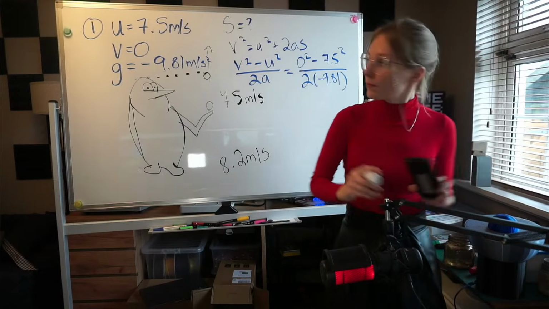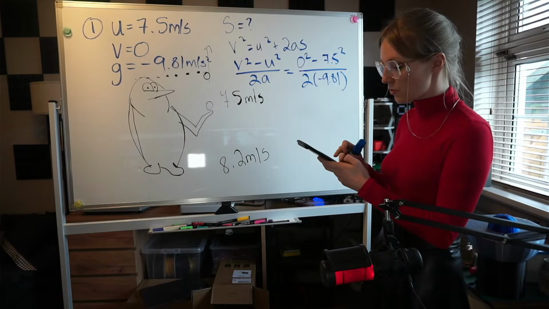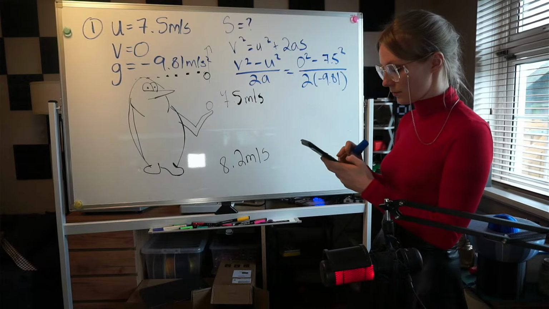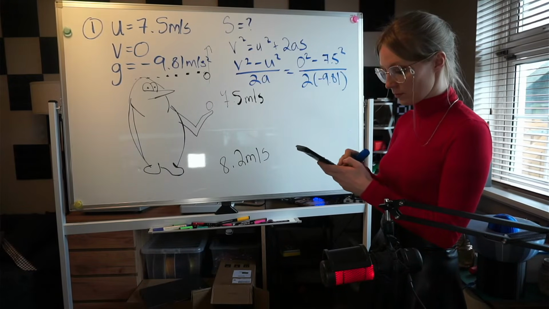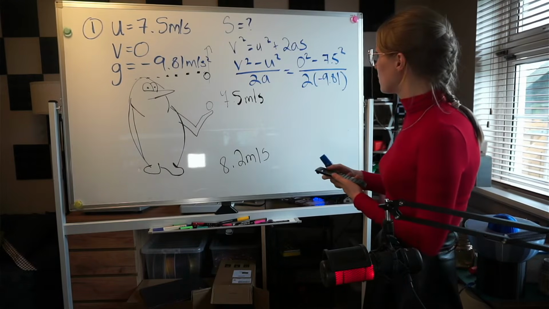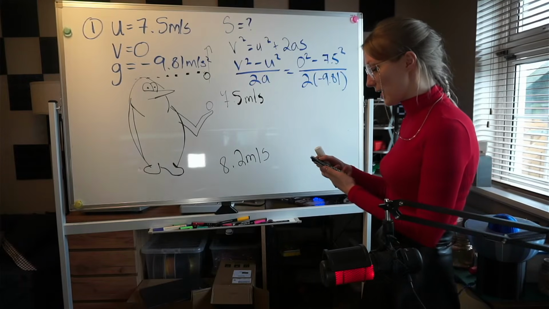Now, it's okay that both of them are minuses. Minus over minus gives us a positive answer. We get an answer S of 2.68 meters.